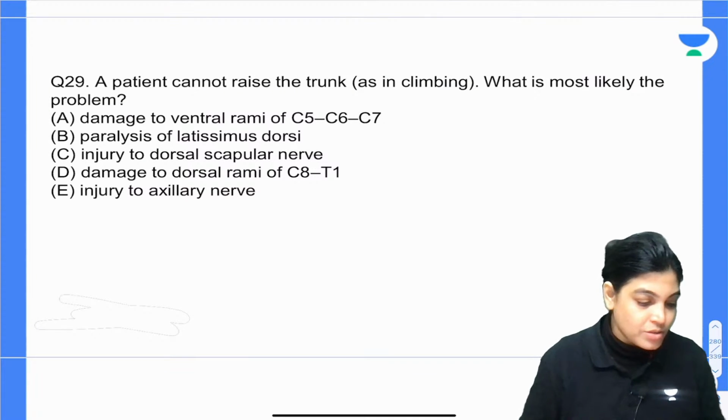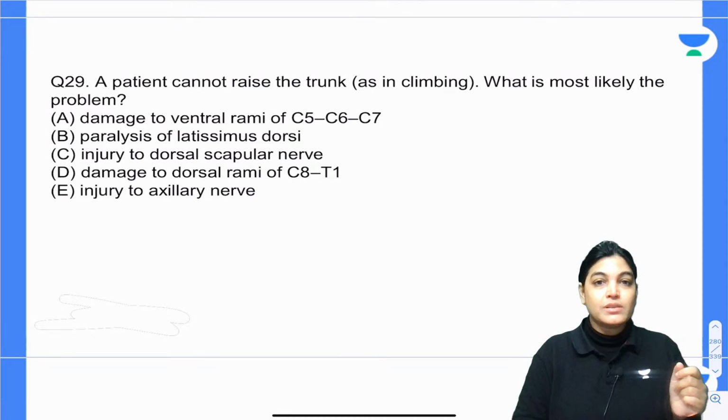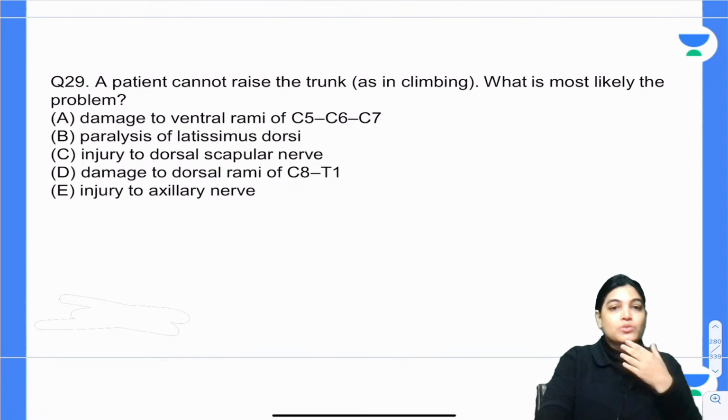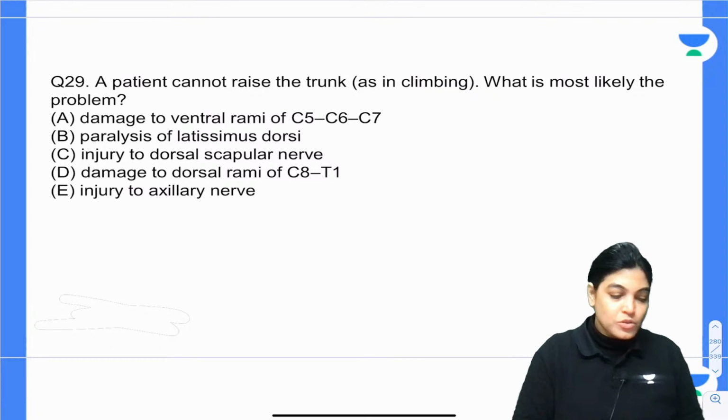The options are damage to ventral rami of C5, C6, C7, paralysis of latissimus dorsi, injury to dorsal scapular nerve, damage to dorsal rami of C8 and T1, and injury to axillary nerve. Five options are there. So mark your correct answer.